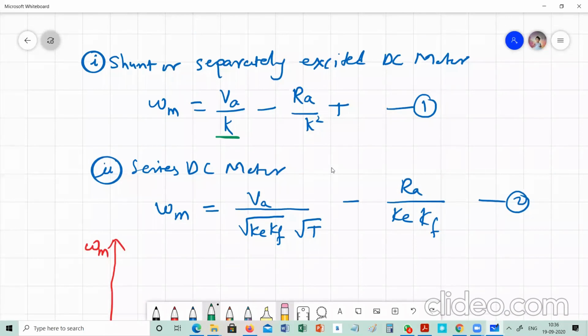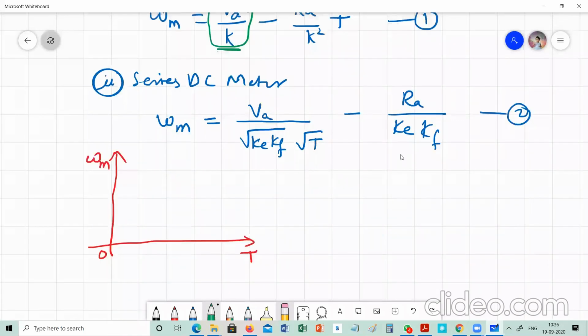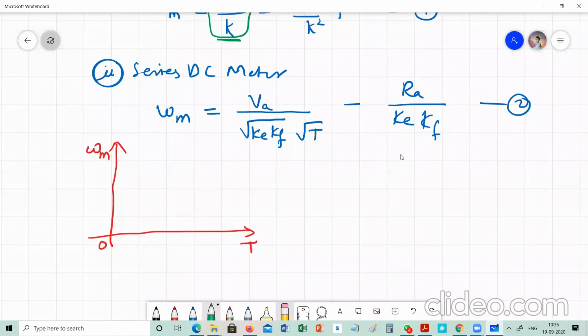So if the voltage is constant, the speed is going to be constant. Ideally the curve must be flat, equal to the no load speed omega m0 when the torque is 0.